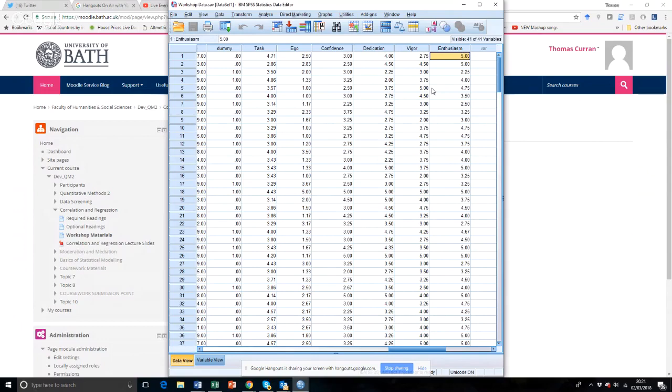Now, the first thing to do when you have variables like this, that you're interested to know the relationships between, is to pull up a very straightforward and simple correlation matrix. A correlation matrix essentially gives us all of the correlation coefficients between each of the variables that we have in our data set. It doesn't tell us anything about prediction.